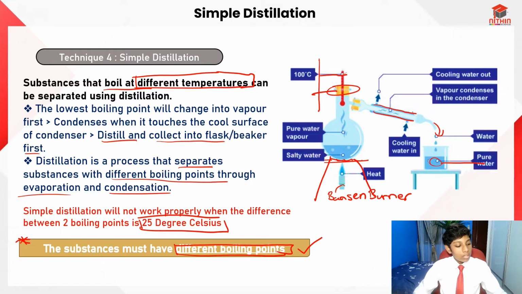The condenser is attached to this part, and the vapor that rises will go through the condenser, and pure water will be collected in the beaker below. So this is basically the distillation setup. I hope you understood that. Now let's move on.